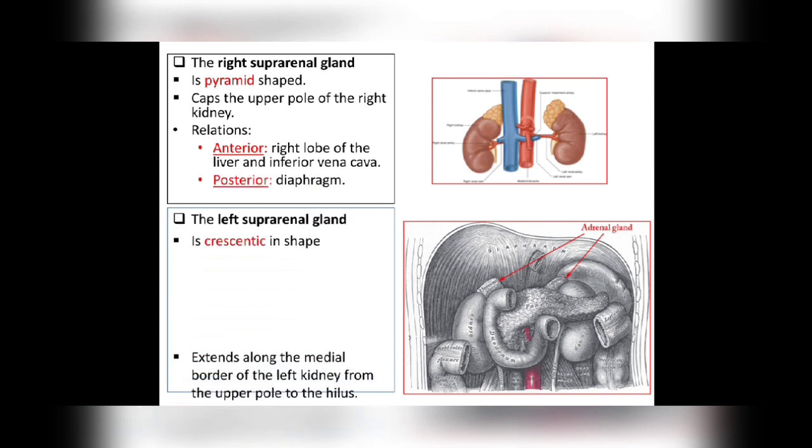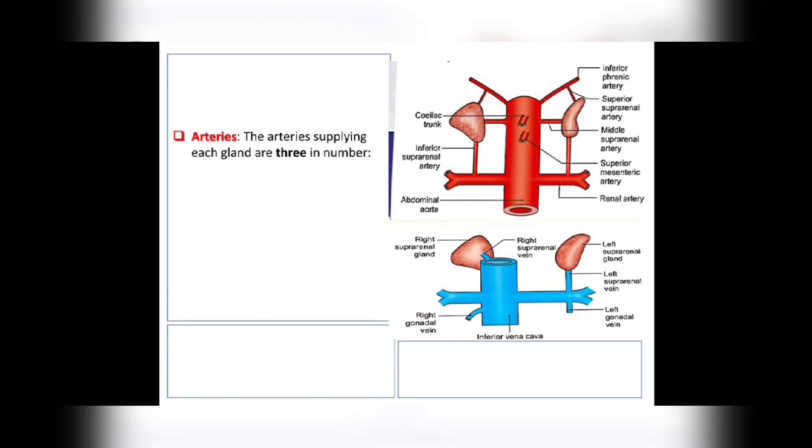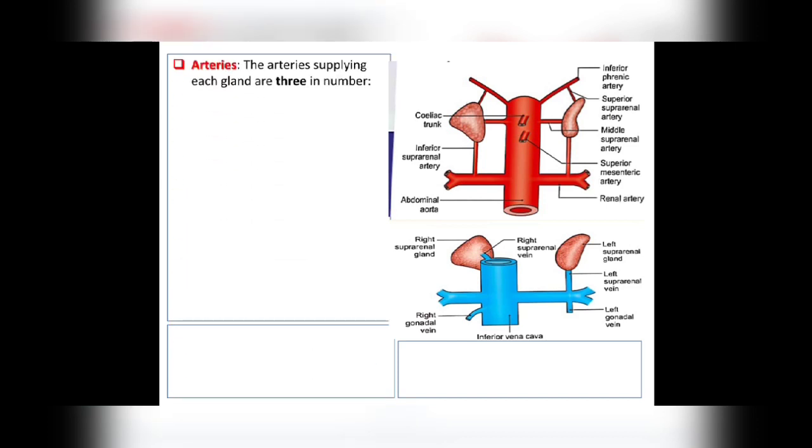So again, right and left suprarenal gland. Arteries. The arteries supplying each gland are three in number: superior, middle, and inferior suprarenal arteries. In this diagram we can see the superior suprarenal, middle suprarenal, and inferior suprarenal artery.